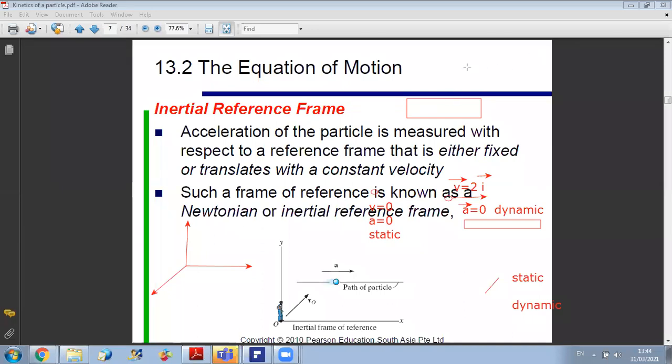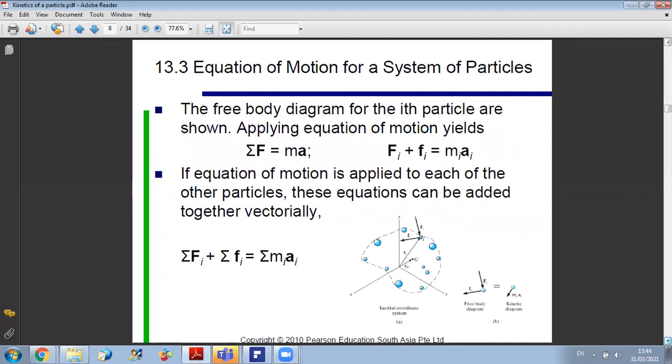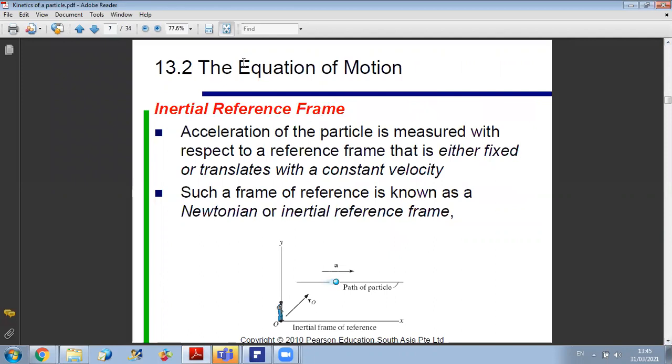This type of frame is called an inertial frame or Newtonian frame. The other example is the non-inertial frame. If I have a non-inertial frame, what will happen? For example, let's say you have a car that is accelerating. I'll do a small scheme.